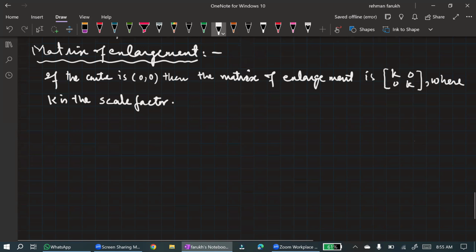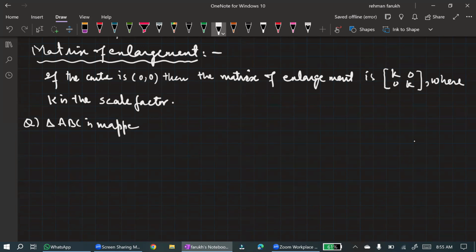Now the question is: triangle ABC is mapped onto triangle DEF under an enlargement.